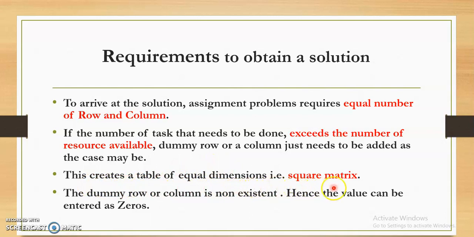By adding a dummy row or column to an unbalanced matrix, it converts our unbalanced matrix into a square matrix, that is, into a balanced matrix. As the dummy row or column is non-existent, the values can be entered as zeros. So adding a dummy row or column does not have any effect on the final solution.